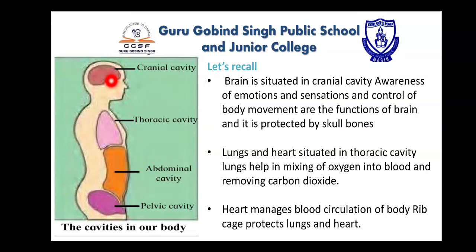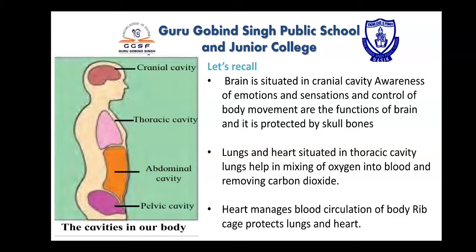Awareness of emotions and sensations and control of body movement are the functions of the brain, and it is protected by the skull bones. Lungs and heart are situated in the thoracic cavity.